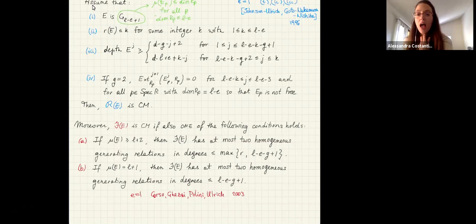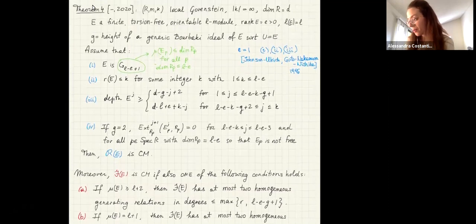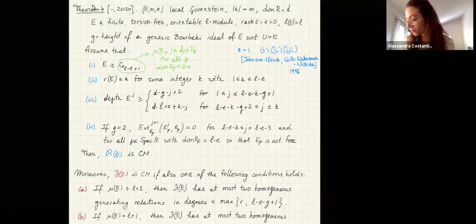Okay. And the whole underlying theory in the ideal case for both of these theorems is that the ideals they consider have good residual intersection properties. So it's something that is related with linkage. And here what I'm doing is really using the generic Bourbaki ideals to bring that result to modules.